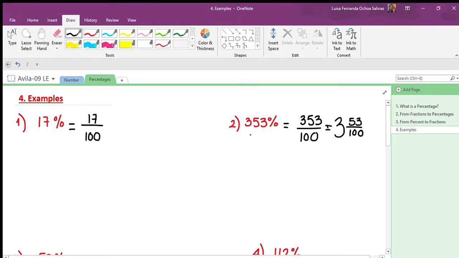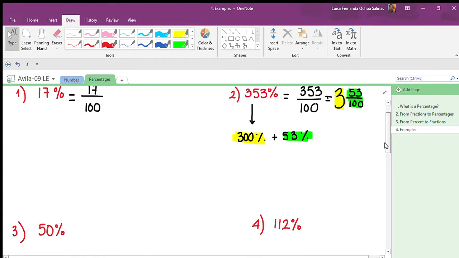We can say that this one was 300 plus 53%. Agree? So I have 3 whole units that are represented here. Perfect. And then I have this 53%. Okay, fantastic. Let's look at another example.